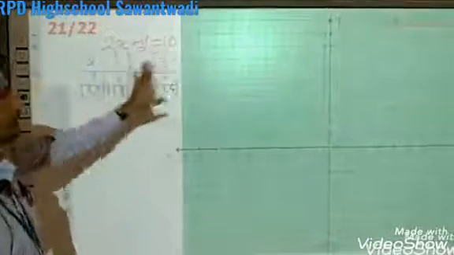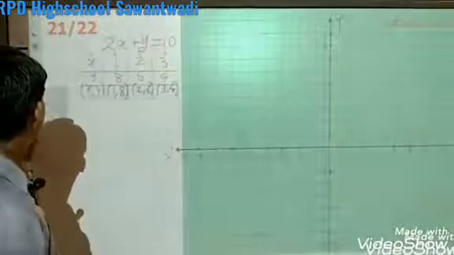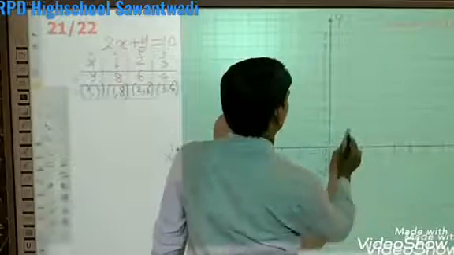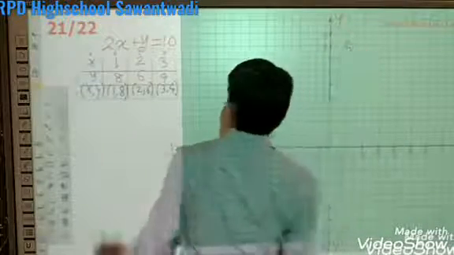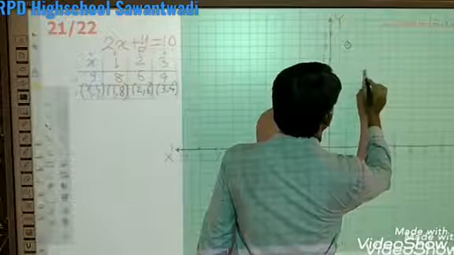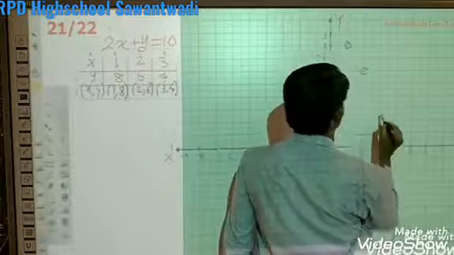So after getting this table, you will have to draw the x and y axis this way, and then what is the first point? 1, 8. So 1, 8. It is here. Second, 2, 6. It comes here, and 3, 4.